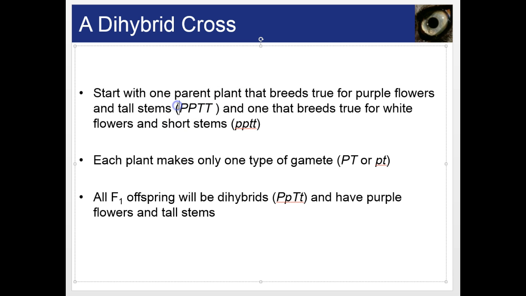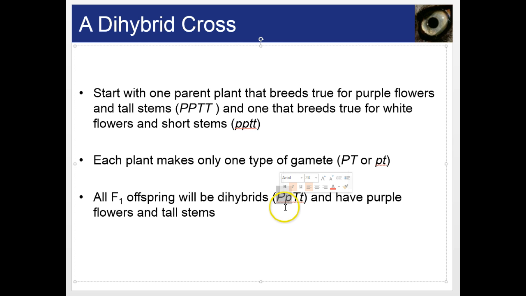So this parent is making gametes, egg or sperm, with only big P's and big T's in it, while this parent is only making gametes that have little p's and little t's in it. So we say their gametes are either this one, big P, big T, or little p, little t. So when we mix that together during sexual reproduction, big P, little p is our new combination.